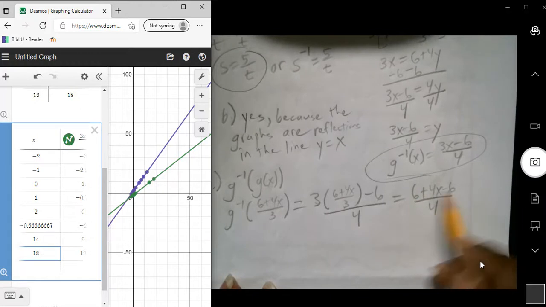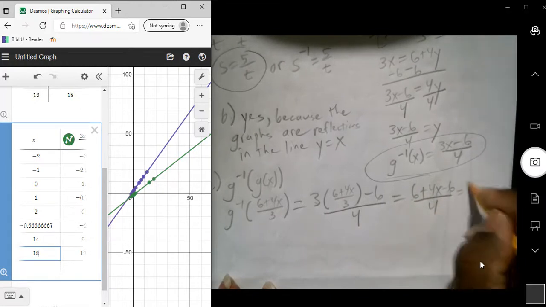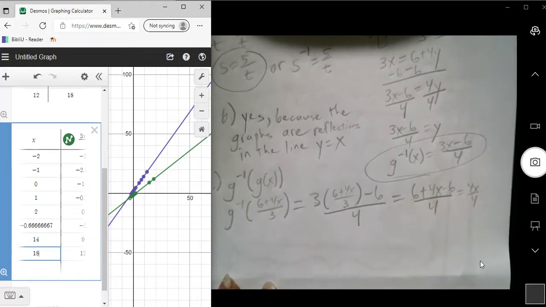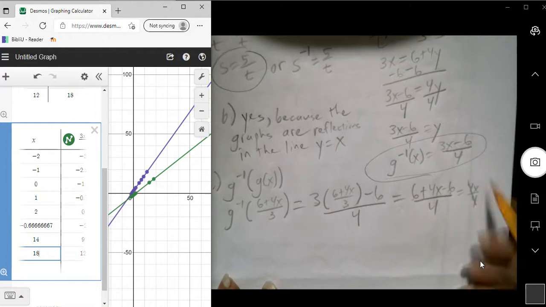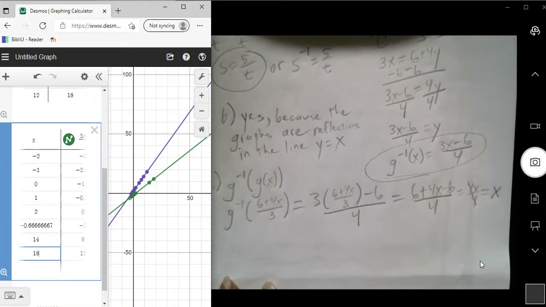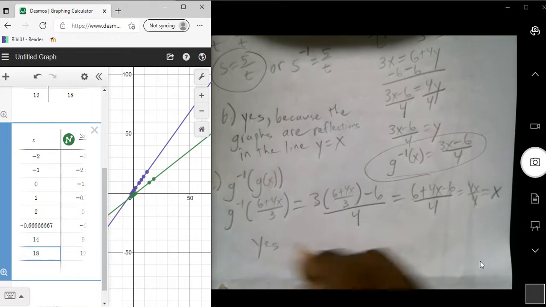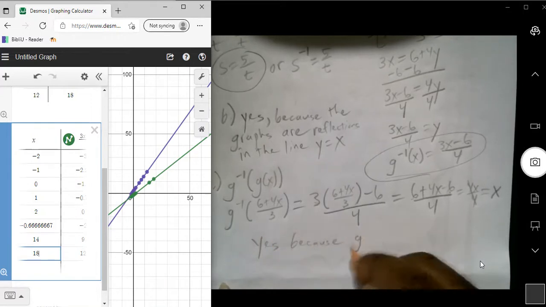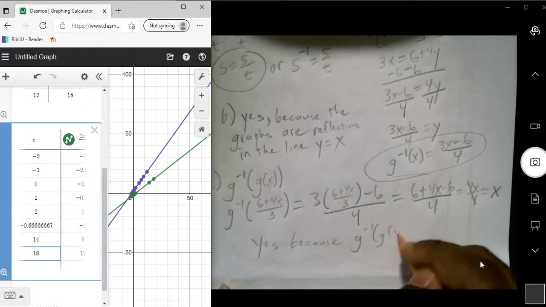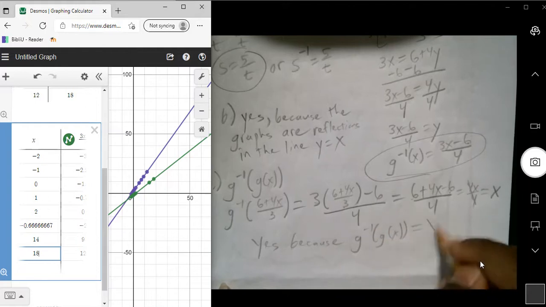Now 6 minus 6 is 0, so this will give you 4x over 4, and these 4's will simplify out and leave you x. And then your answer would be yes, because g inverse of g of x is equal to x.